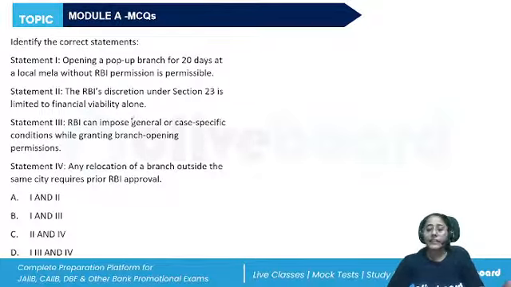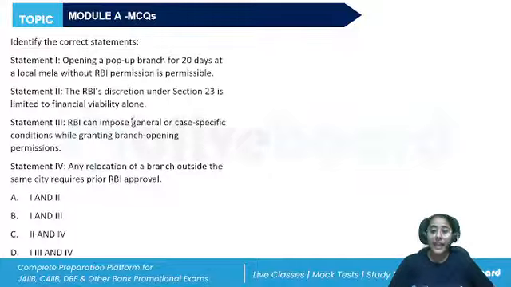Without obtaining the prior permission of RBI, no banking company shall open a new place of business in India or change otherwise, that is outside the same city, town, or village, the location of an existing place of business without the prior permission of RBI.